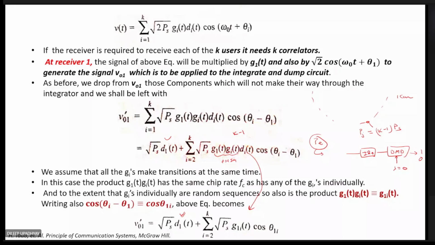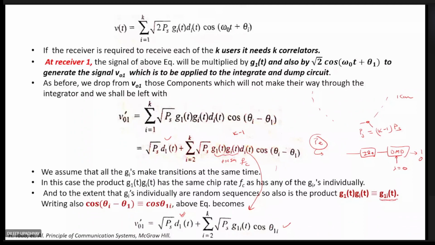So G1(t) multiplied with Gi(t) gives another PN sequence having the same chip rate, if we assume that their transitions happen simultaneously. So we can replace G1(t)Gi(t) with another PN sequence, G1i(t). Similarly, the phase difference theta i minus theta 1 we can replace by theta 1i.